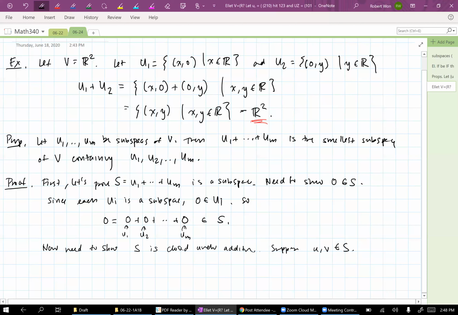That means that you can write u as a sum of m things, one from each of the Ui's, and you can write v as a sum of m things, one from each of the Ui's, right? So by definition of S, you can write u as, say, u1 plus u2 up through um, and v as v1 plus v2 up through vm, where each ui and vi is in the subspace capital Ui.